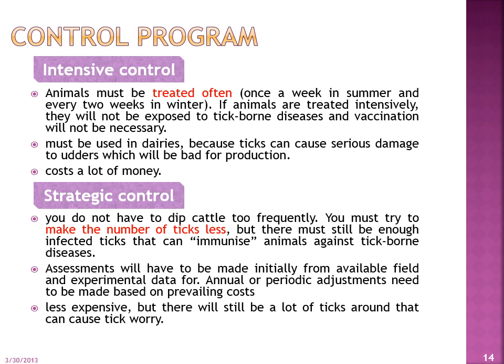For example, if you make intensive control, that means you will make an intensive chemical treatment of the animals, which is repeated maybe 2 or 3 times until the complete disappearance of tick infestation. Of course, this costs a lot of money.